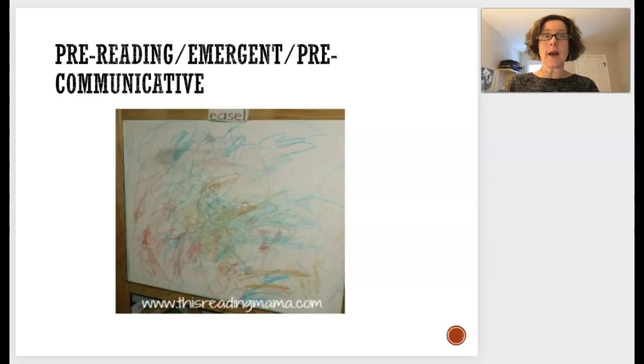It seems random to us, but this is an absolute essential stage. So if you are teaching preschool, or taking care of preschool age children, or you have your own preschool age children, this is a super important stage to be encouraging them for writing and ultimately for spelling.